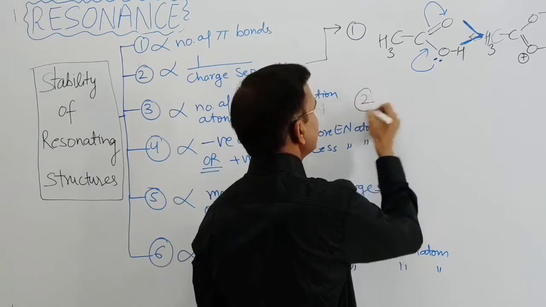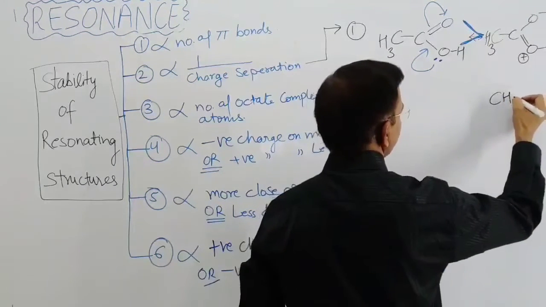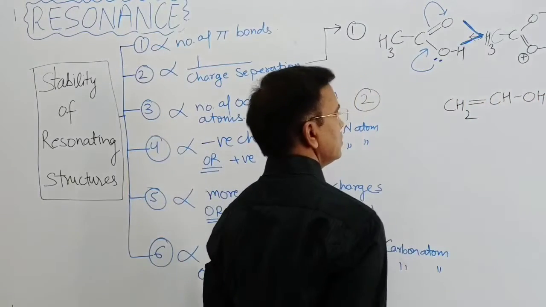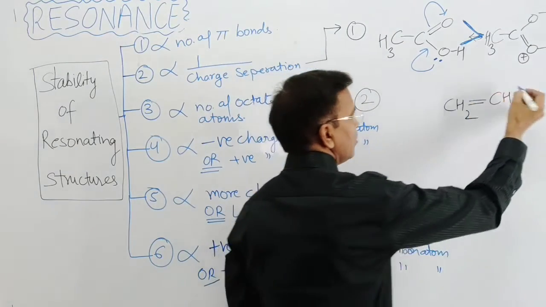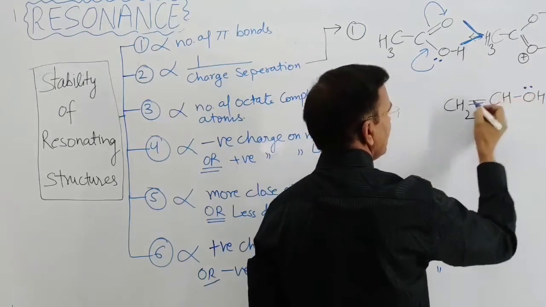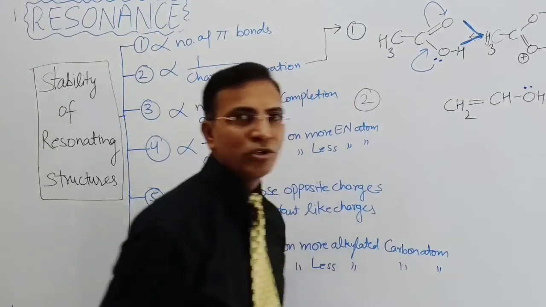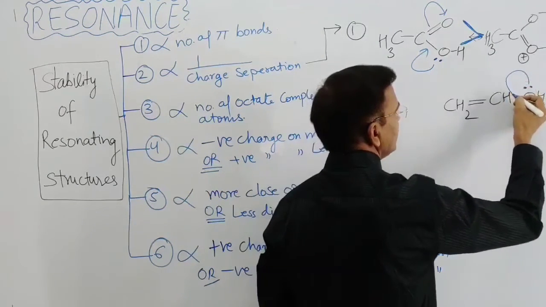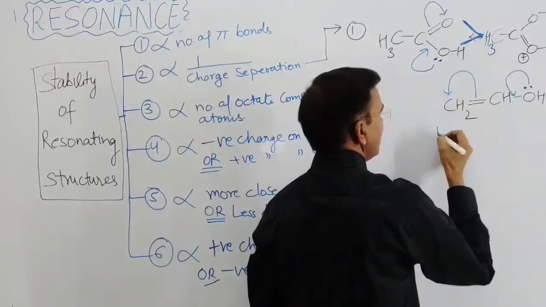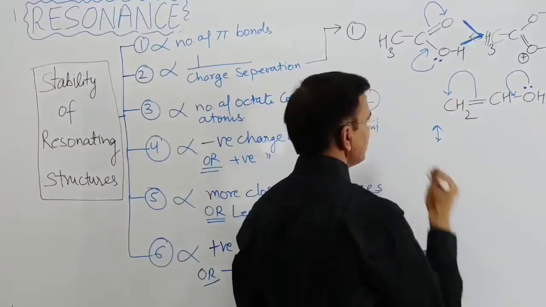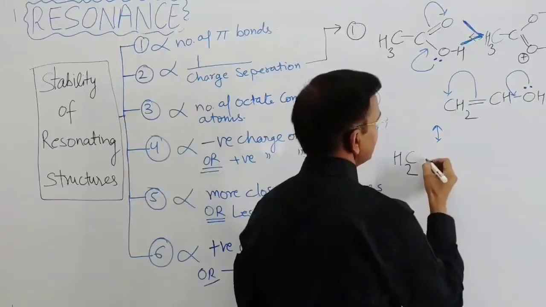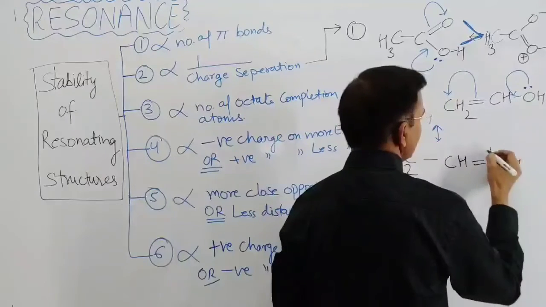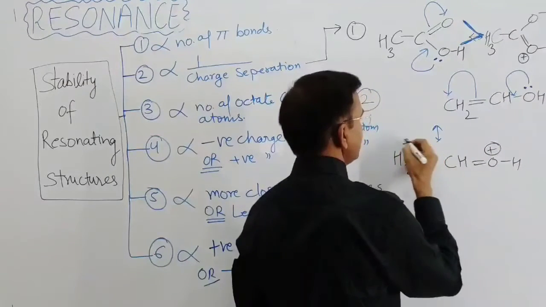So beta, the second question is CH2 CHOH and double bond CH2. In this example a lone pair is present on the oxygen atom, and here is the double bond, lone pair, sigma, double bond. So the conjugation is there, so resonance takes place. So this will come over here and this will come at this side, and the second species is CH2 CH double bond OH, it comes positive and it comes negative.